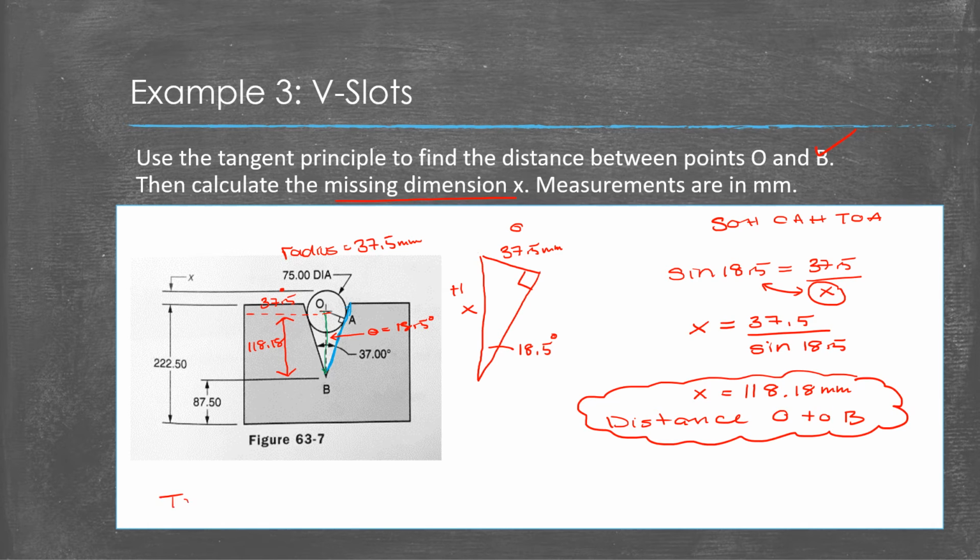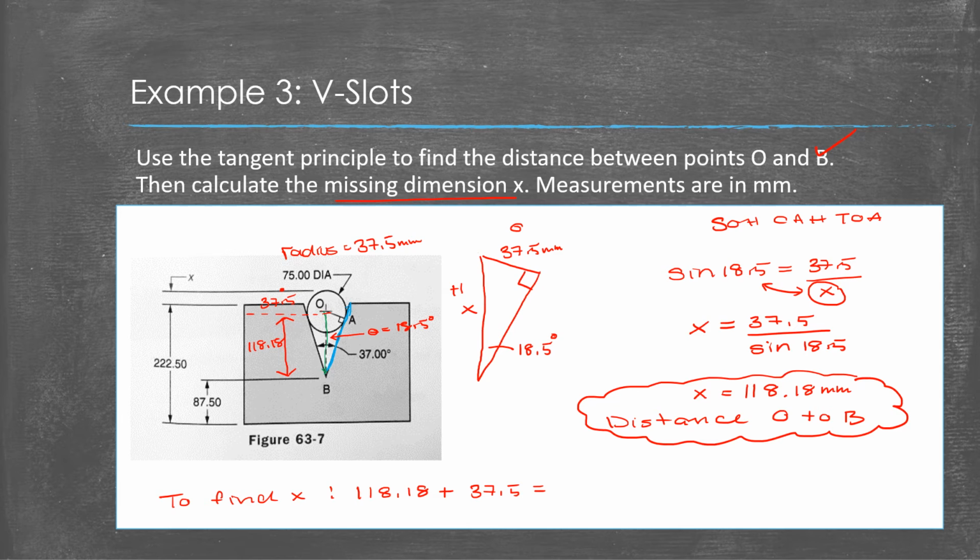So to find x, we're going to take the distance from the bottom of the V to the center of the circle and add another radius. So 118.18 plus adding in a radius 37.5 gives us a length of, did I write that?